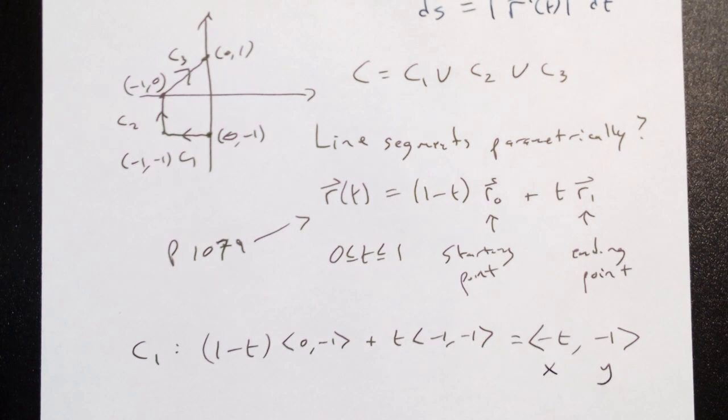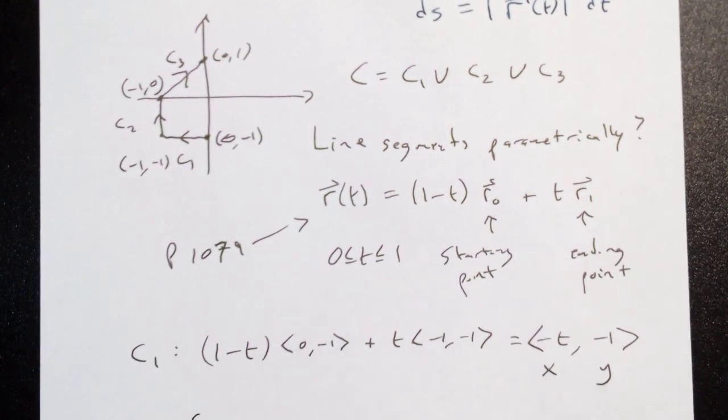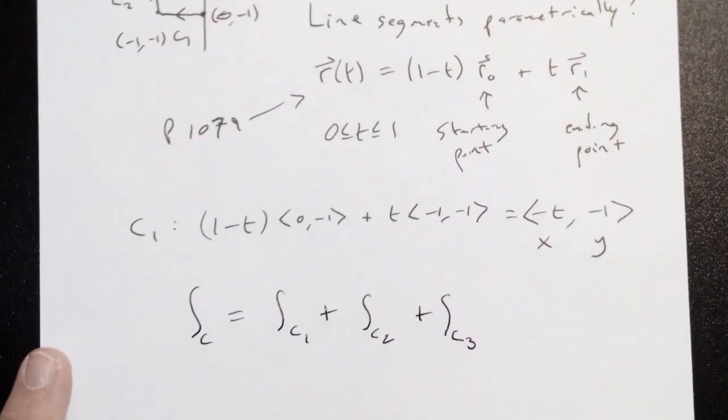And then if I want to integrate over this whole thing, I first integrate along curve 1, then along curve 2, then along curve 3. And since I'm doing the union, I add those together. So the integral along the whole curve will be the sum of the integral along the pieces.